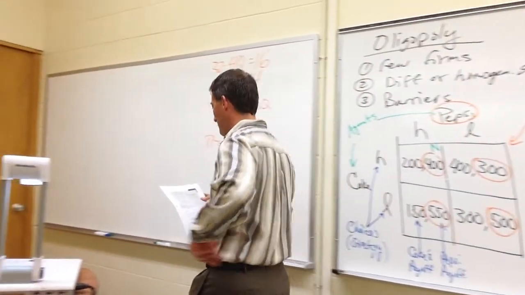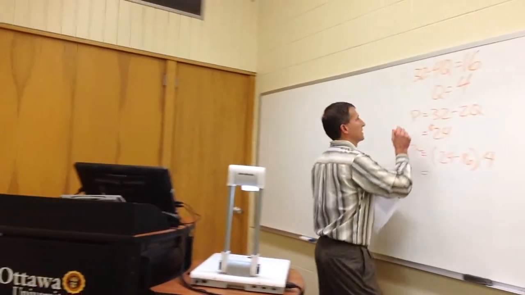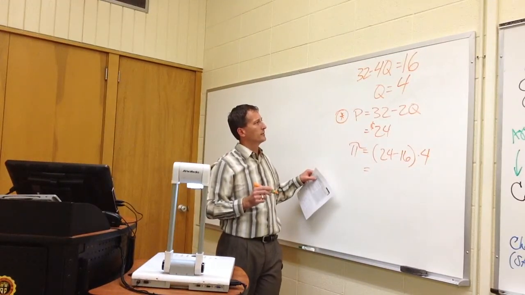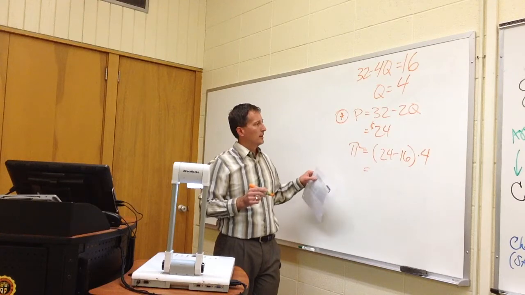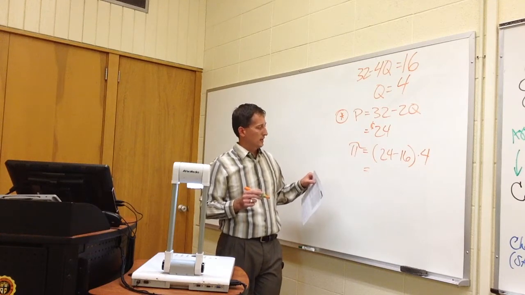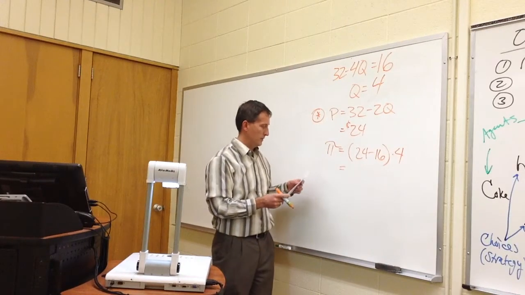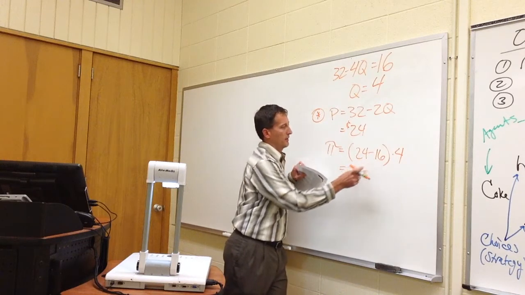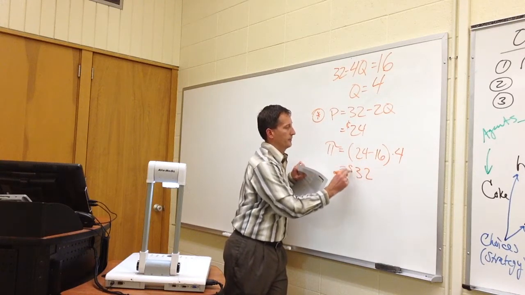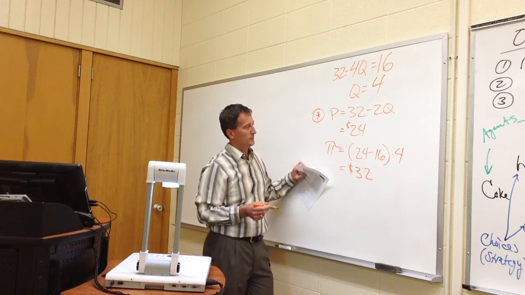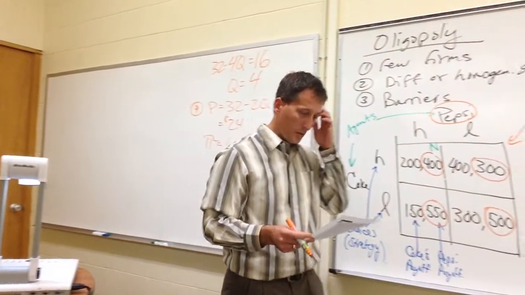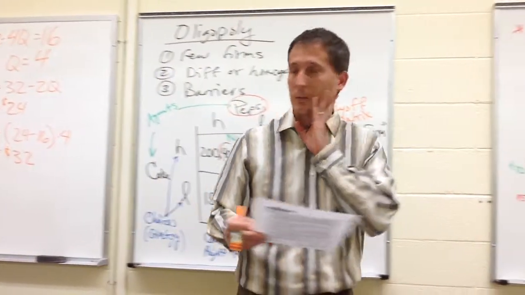So we got the inverse market demand curve is this. So we get 32 here. Is that the profit for one firm or two? 2.